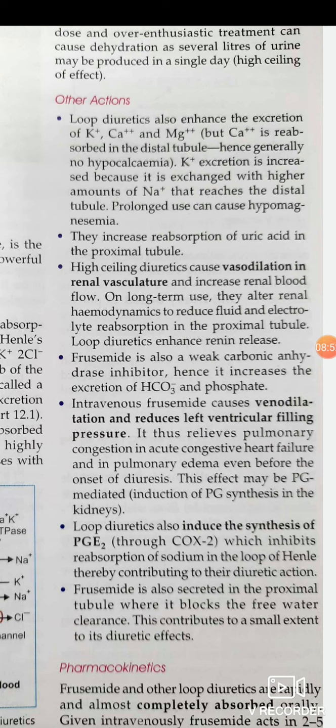Also, when the word ends with emia, like hypomagnesemia, kalemia, natremia, that means the amount in blood. We are talking about blood. When it ends with uria, then that means in urine.